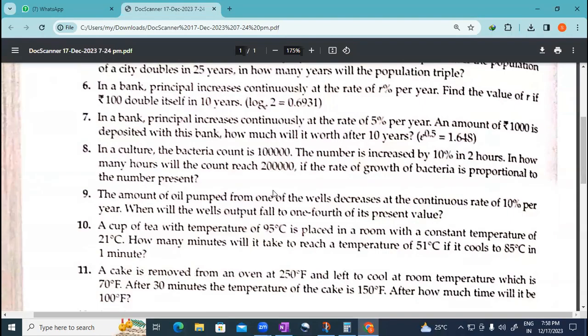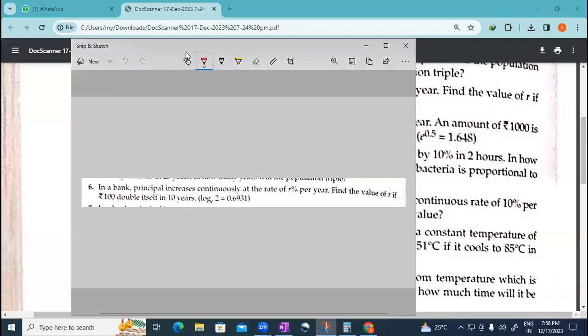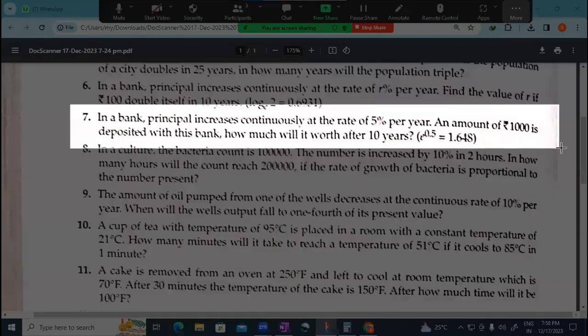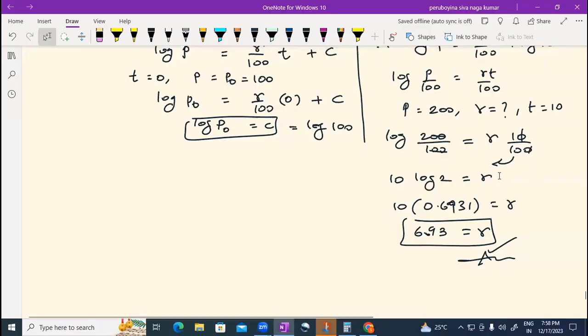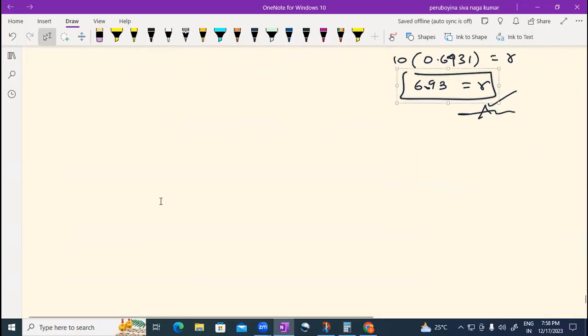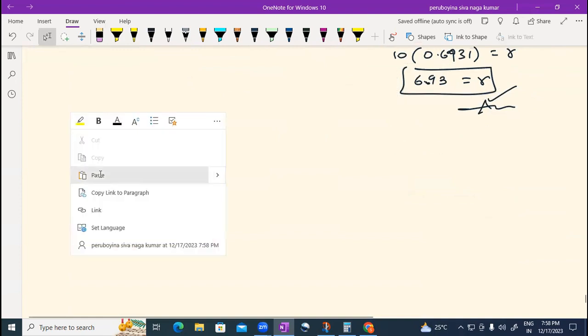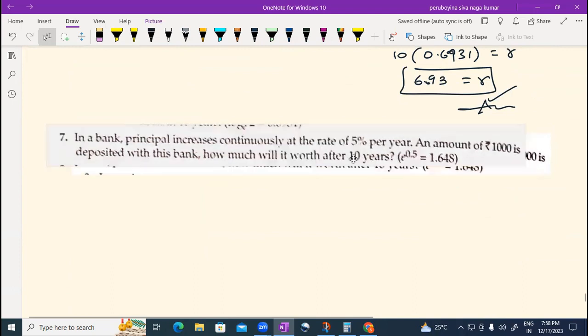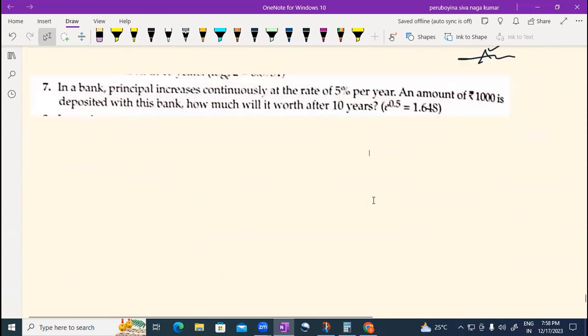Next, we will solve the seventh question. In a bank, this is also the same question.